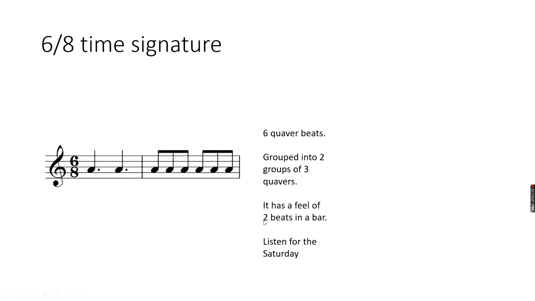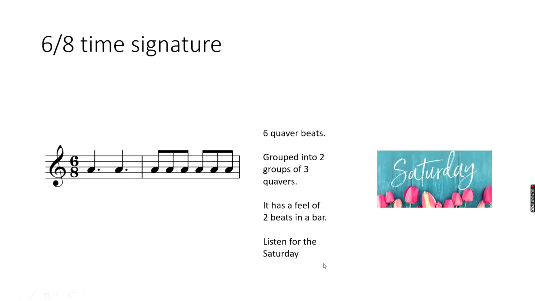Now what we would be listening for is that Saturday rhythm. And if you're not too sure what it is, go to the rhythm video that I created. That Saturday rhythm is going to be consistently used throughout 6/8. Now, if we group our quavers into 2 groups, that would imply we have 2 strong beats, or two more noticeable beats. So a lot of people get confused with 2/4, but as I said, listen for that Saturday rhythm.